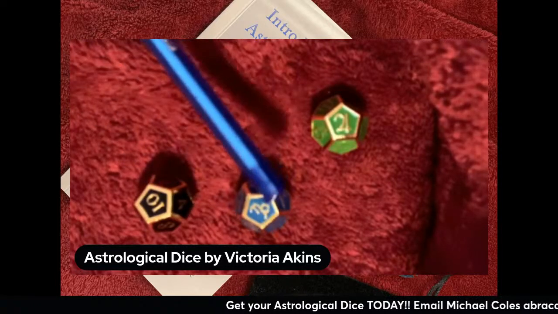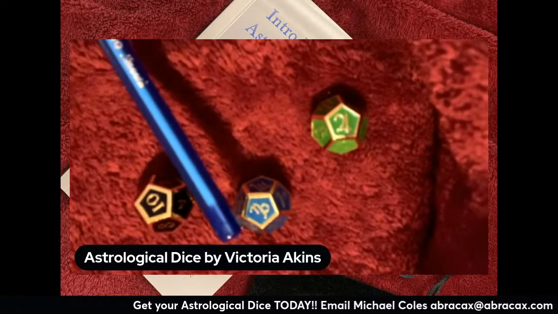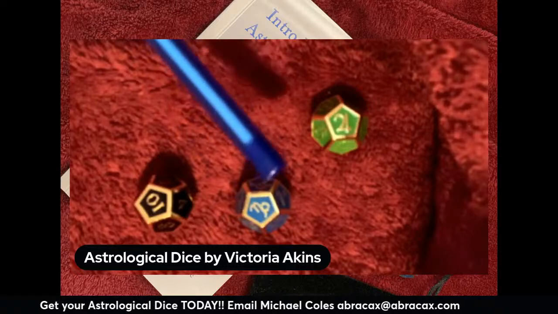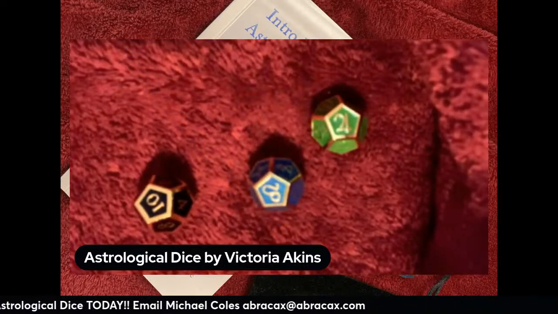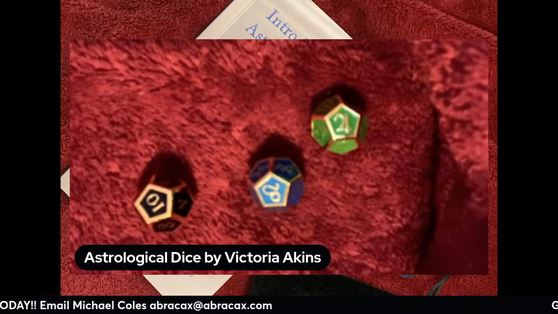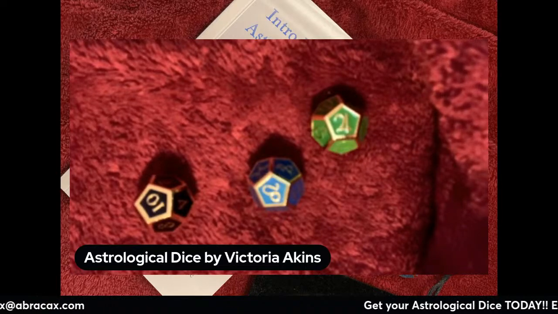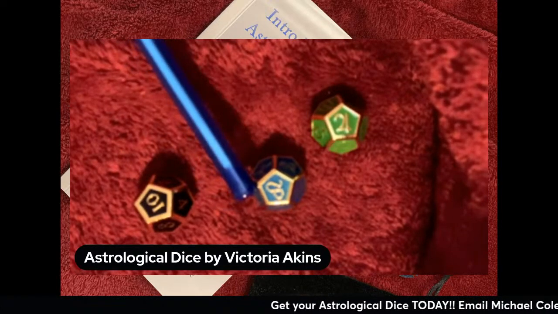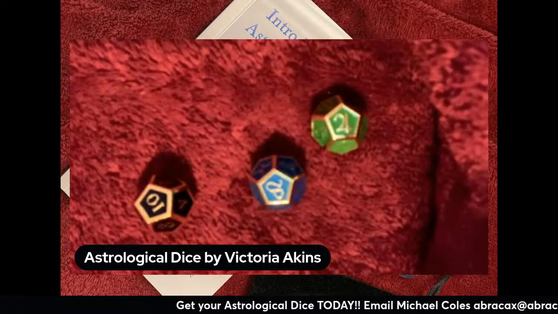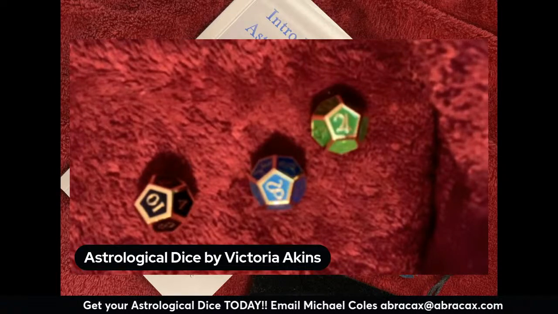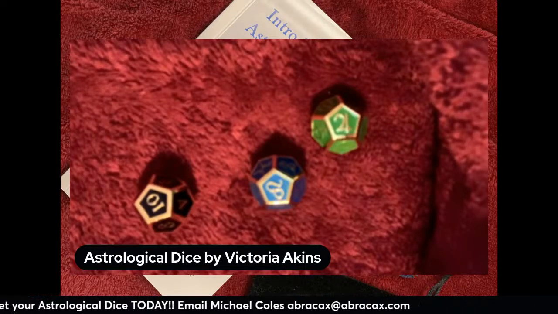The Zodiac die provides insights into how events in your answer will unfold. So you ask your question. This one provides the insight into how the events in your answer will unfold.